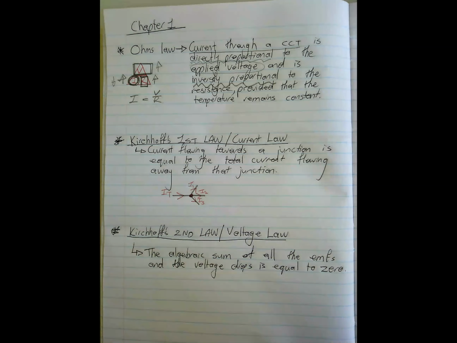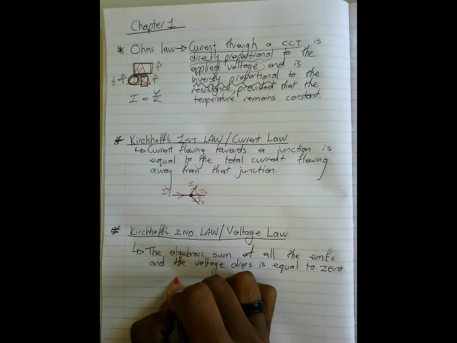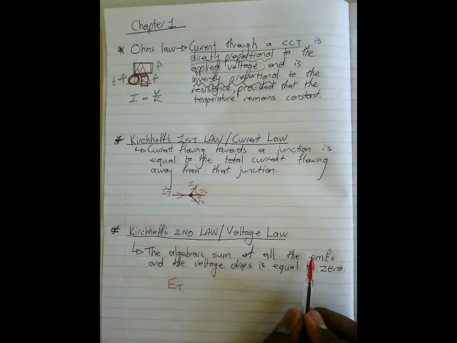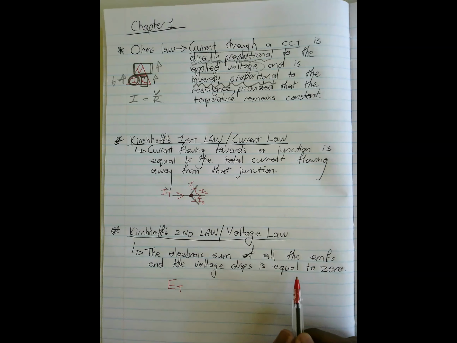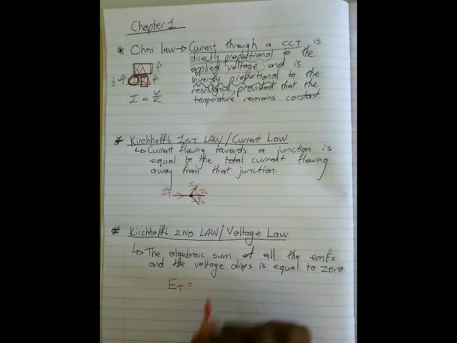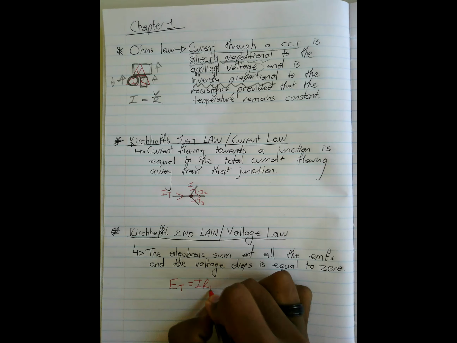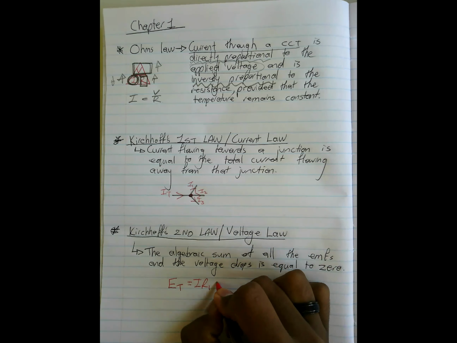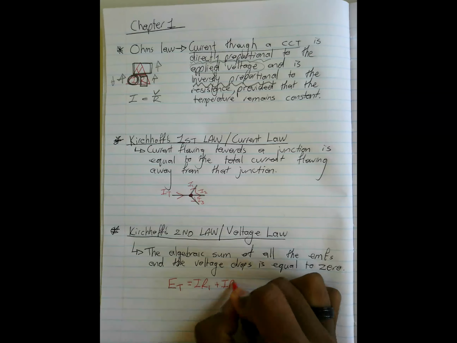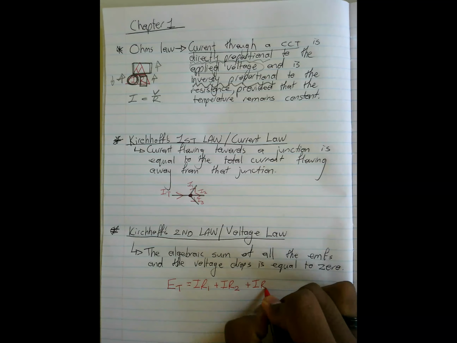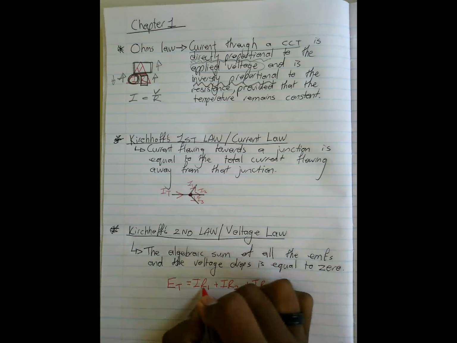So it is saying that the total of all EMFs and voltage drops is equal to 0. So this is going to be your total equals your voltage drop through maybe one resistor and the second resistor and the third resistor.